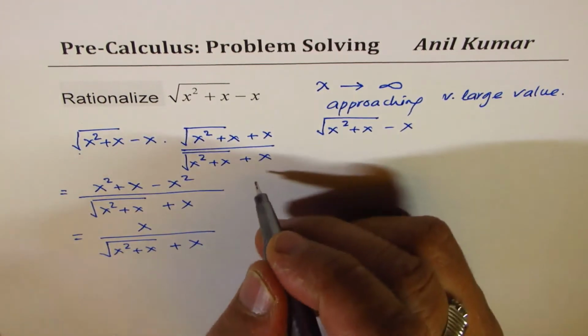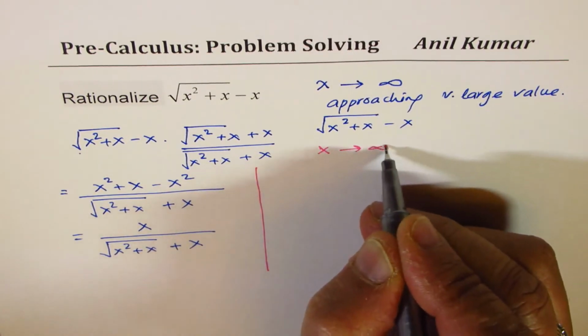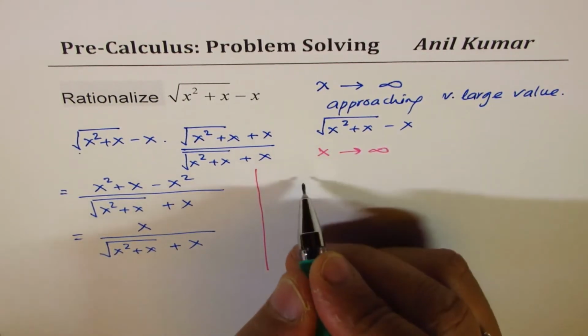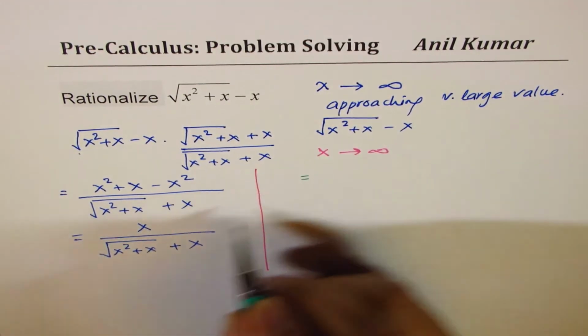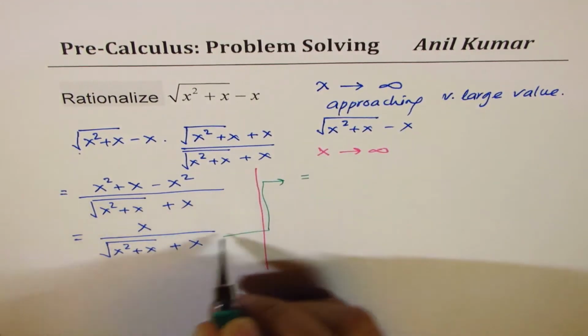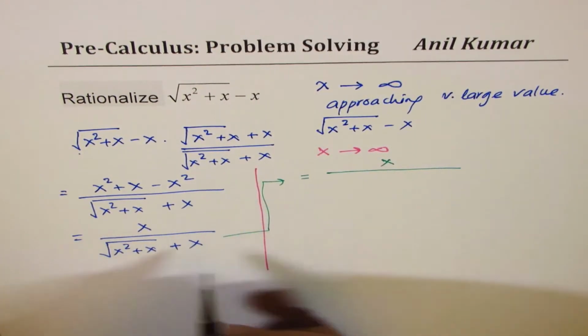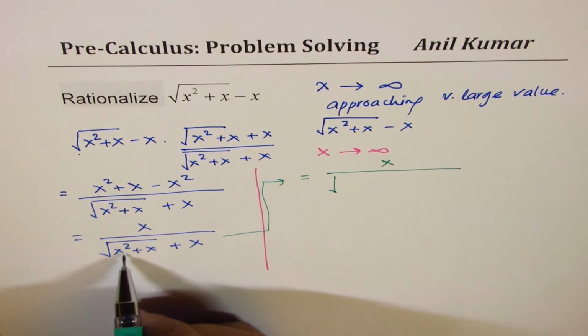Now tell me, what happens when x approaches infinity? That is a very large value. Now let me show you some math here which is very useful from advanced functions also. So this expression can be written as x over square root of, I can factor out x squared.